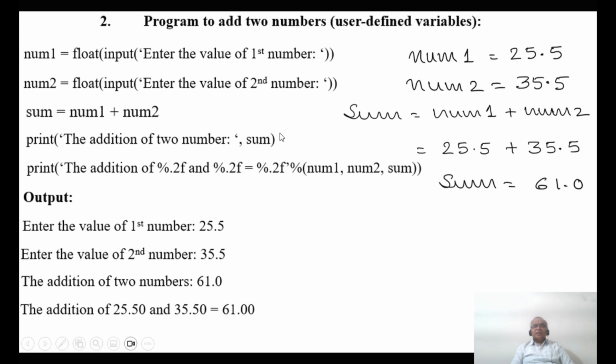Equals, what is the result? Float plus float is always a float. So the sum will be equal to 61.000. That is why you have %0.2f, the number of digits after the decimal point, within the quotes, then you say % num1, num2 and sum. So this is how you will be able to execute the program.